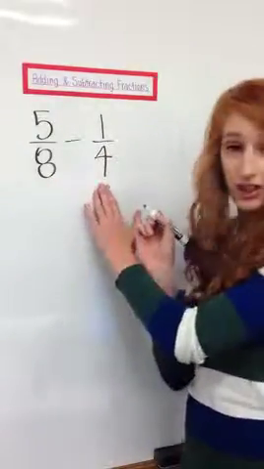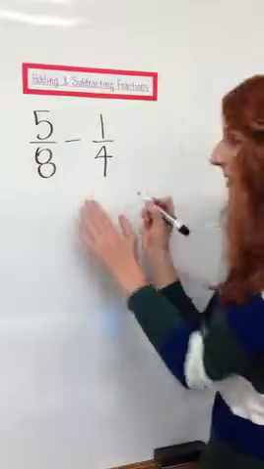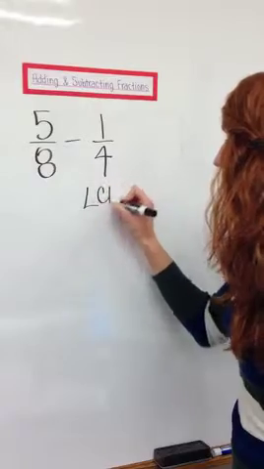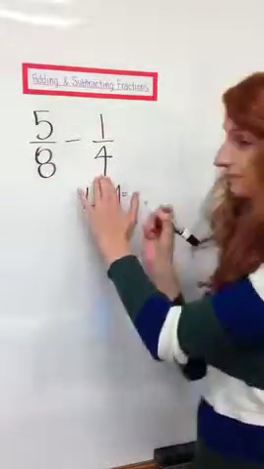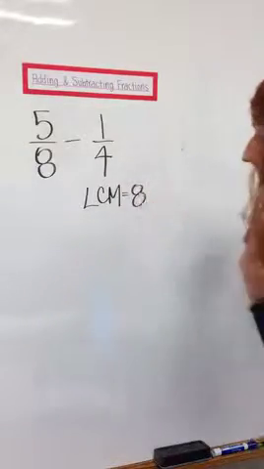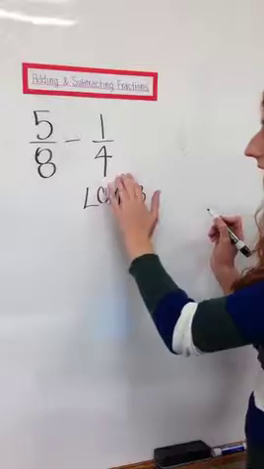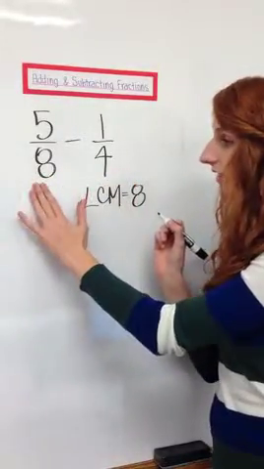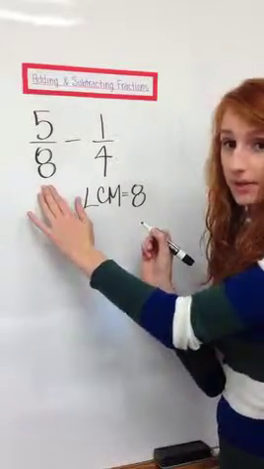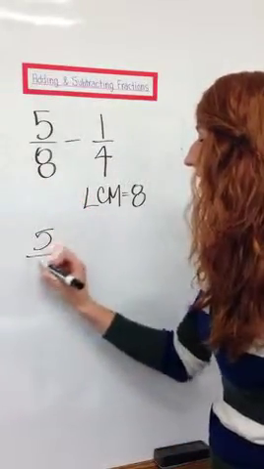So the denominators aren't the same, so we have to find the least common multiple of the two numbers in the denominator. So our least common multiple in this case is going to be 8. So our next step is to multiply in order to get the denominators to equal 8. In this case, our 5/8 already has an 8 in the denominator, so we don't have to do anything to this fraction. So we'll just go ahead and rewrite it down here.